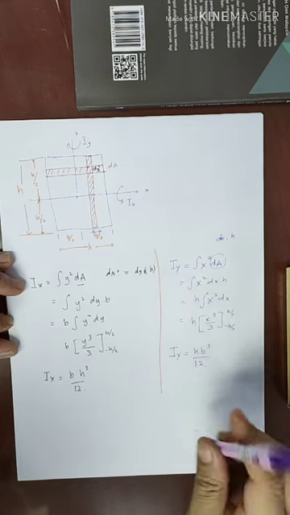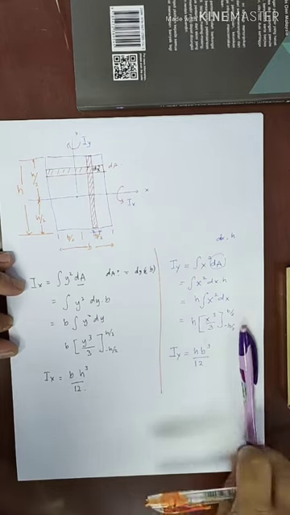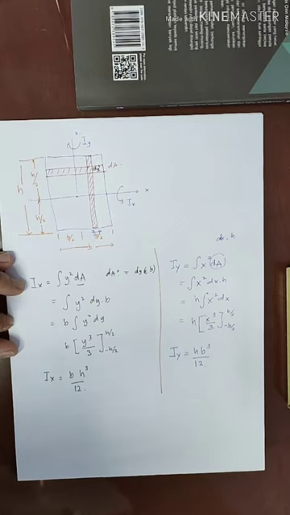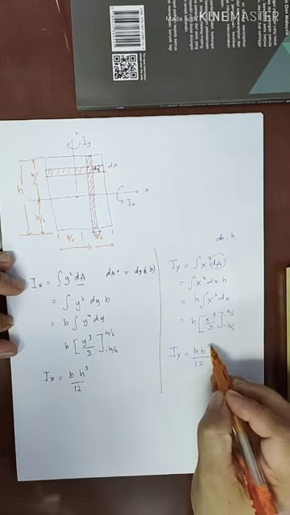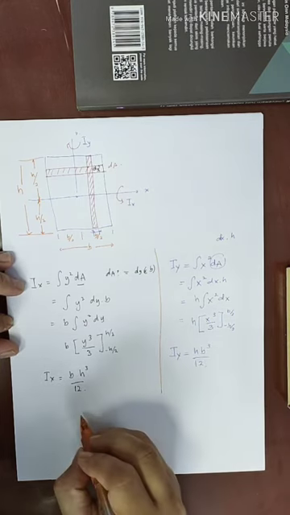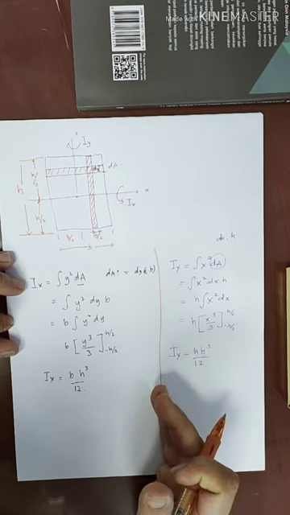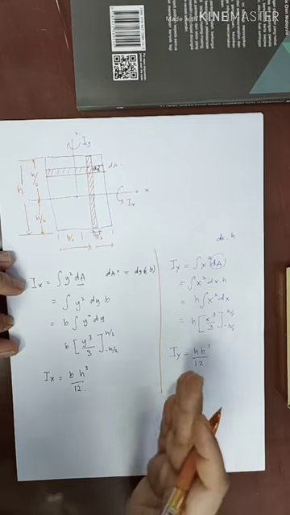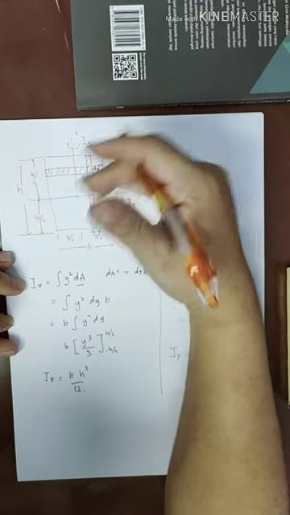Okay, so please take very serious attention to the h cubed over 12 and also b cubed over 12, whereby the geometry b and h is related to the axis where it is rotated.